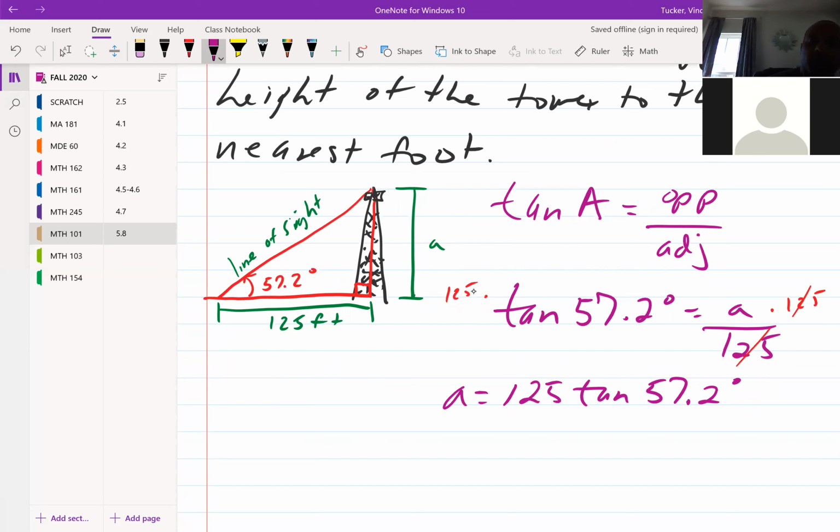And they told us to round this to the nearest foot, so that would be approximately 194. So the tower is 194 feet tall, or high.